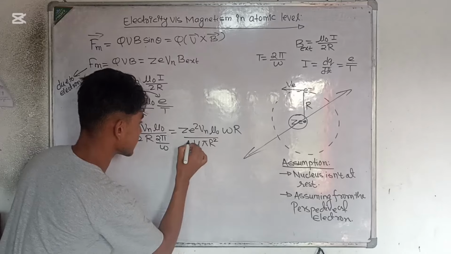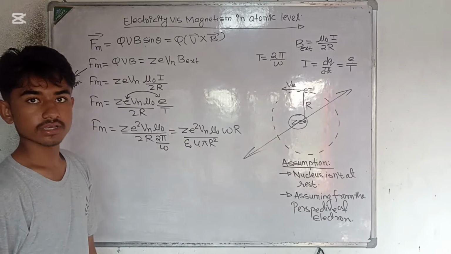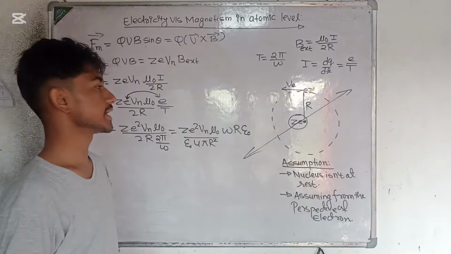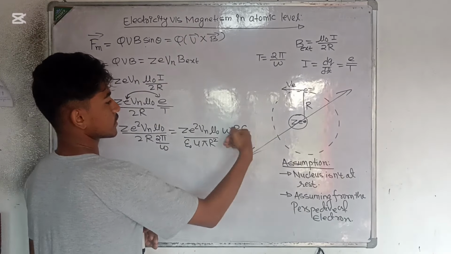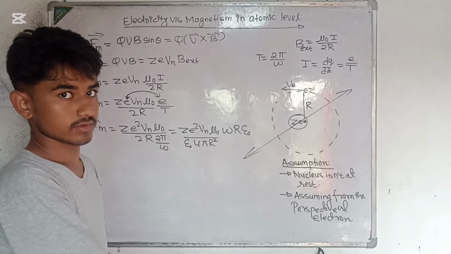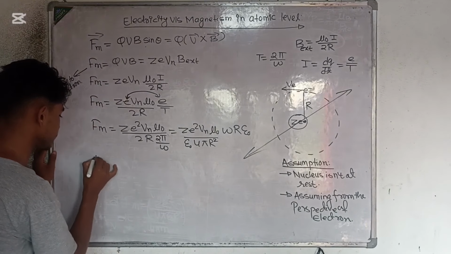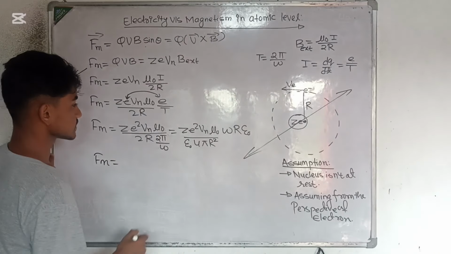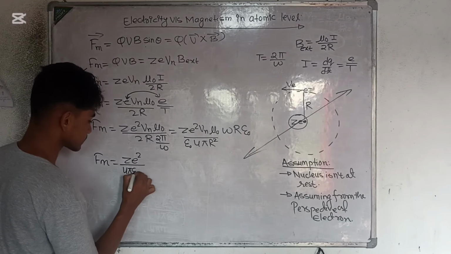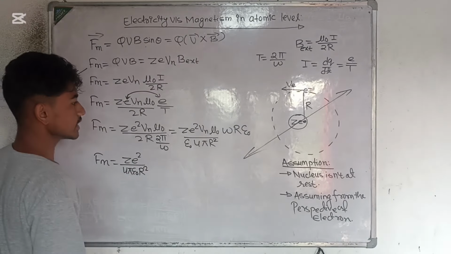And I am adding epsilon naught, the permittivity of free space. I am not adding, but just putting it in the numerator and denominator, and you end up getting 1. So Fm, now you can see here, Z e square by 4 pi epsilon naught r square, right?